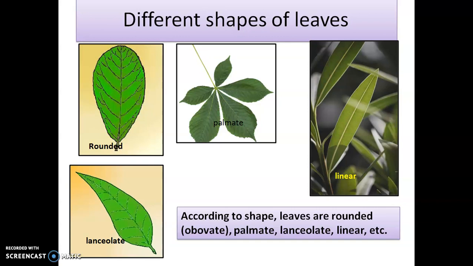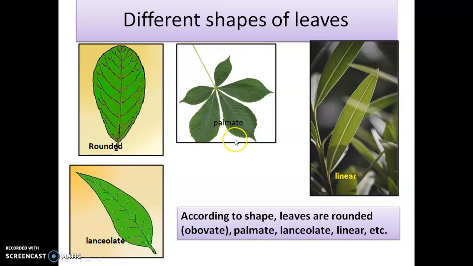Then different shapes of leaves. What are the different shapes? As I told you when we were studying the structure, the tip of the leaf has different shapes. So let's see what the shapes are. We have rounded. See, the tip is rounded here, which is also called an obovate leaf, or palmate. Now see the tip. See that this is a compound type of leaf.